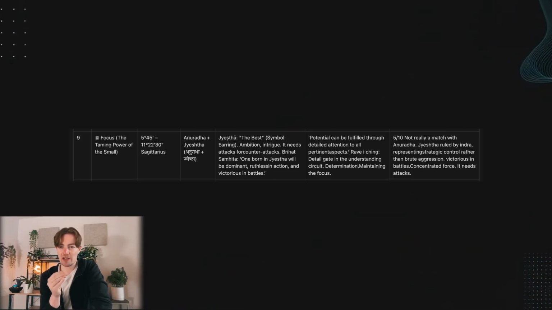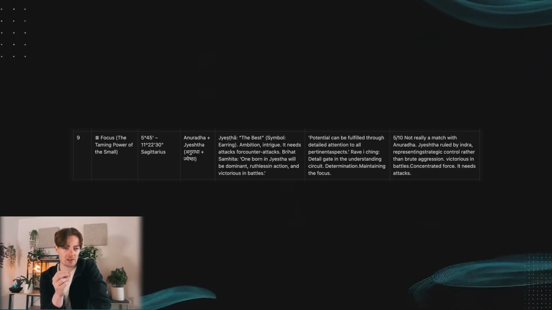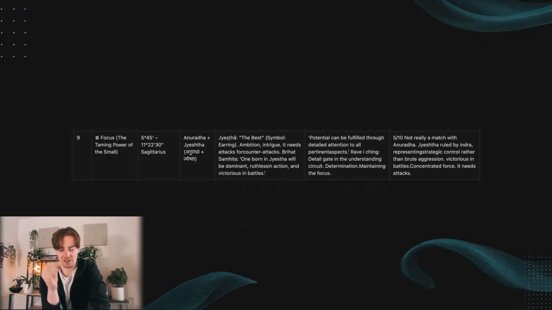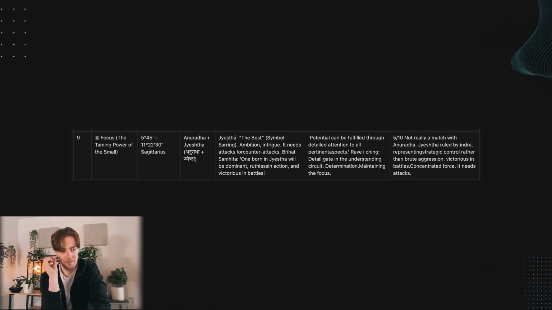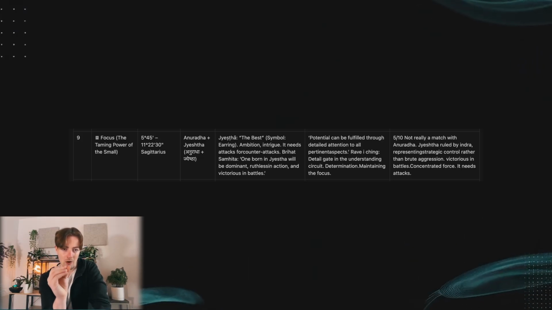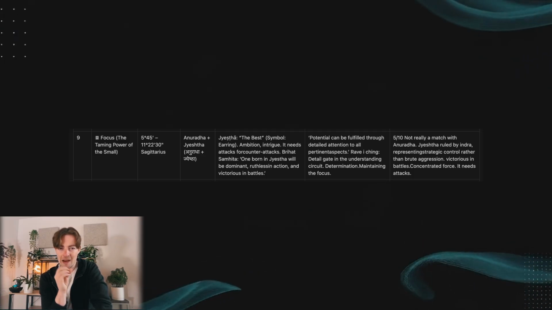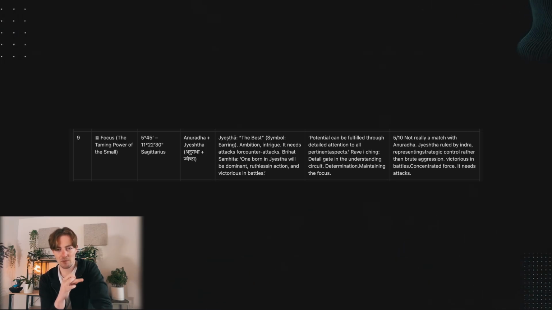There's a concentrated force. It's focus. Now, this is more characteristic of being able to concentrate and focus on those small tasks, but there is a sense of concentration of power here. The gate of focus, the taming power of the small, to really focus in on the details. That concentration of energy and power can be associated with Jyeshta nakshatra.